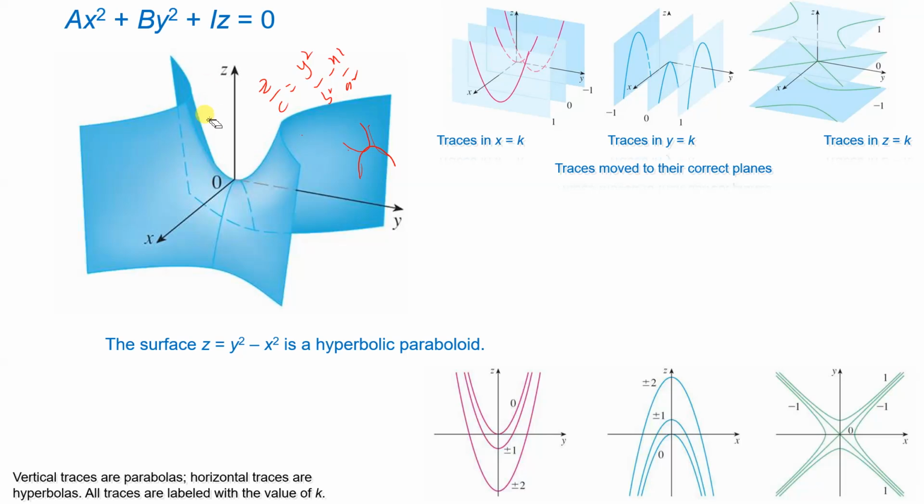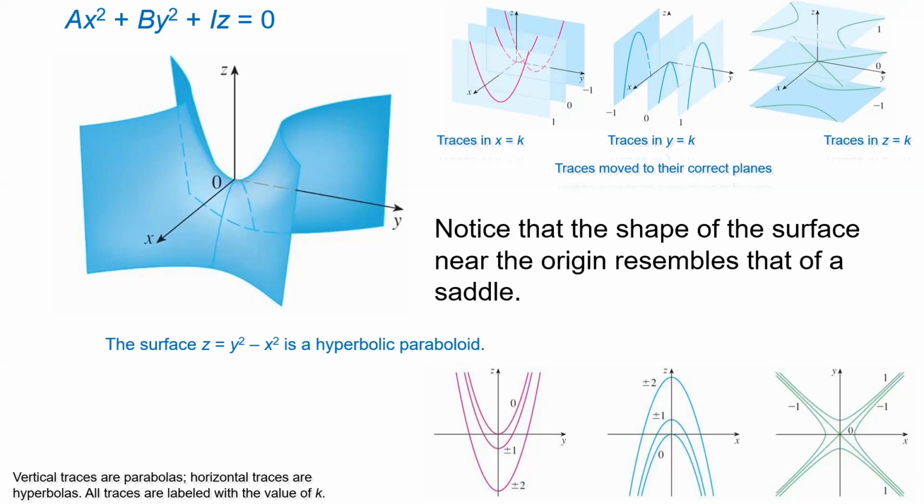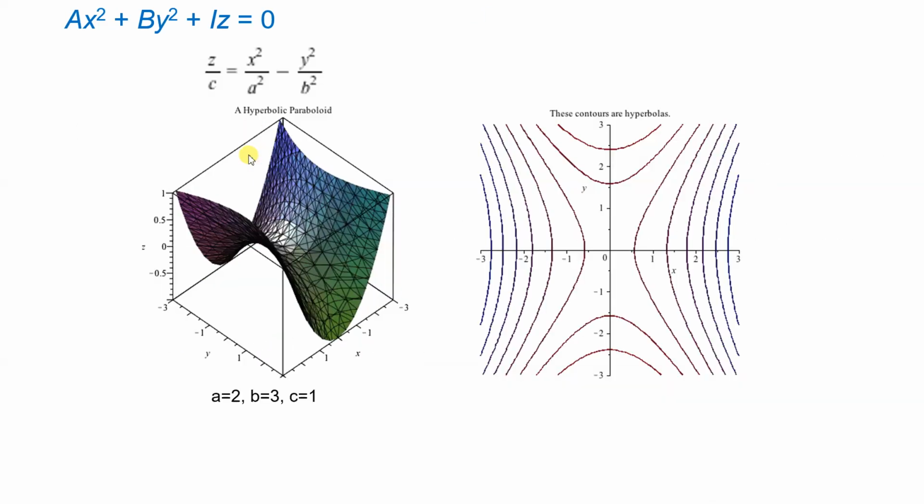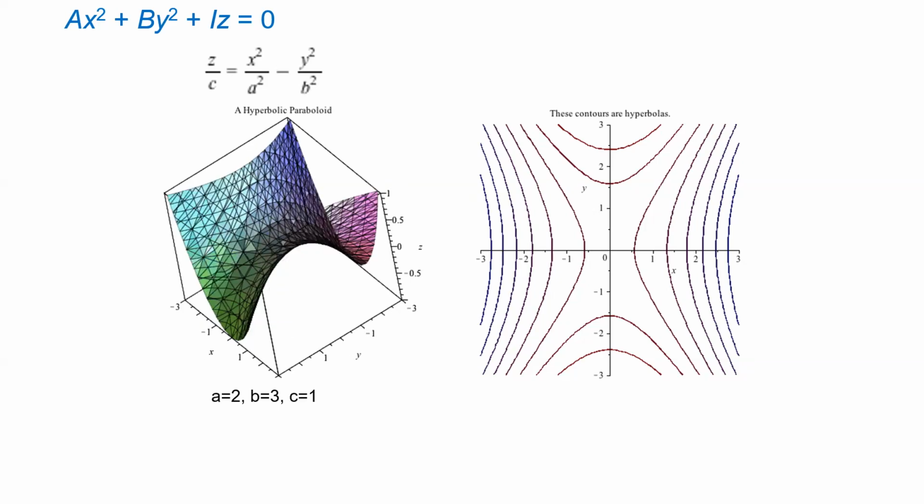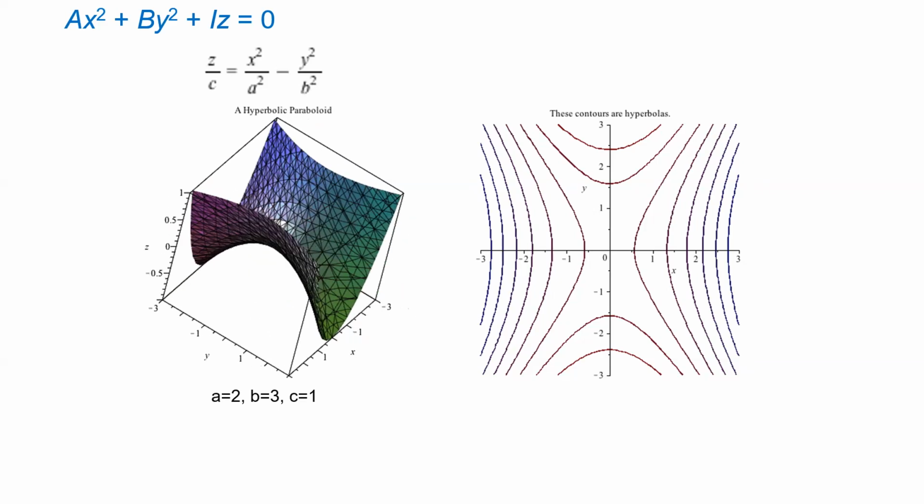So in the previous example, the shape was called elliptic paraboloid because it had elliptic horizontal traces, but in this case we have hyperbolic horizontal traces and vertical traces are parabolas. So this is hyperbolic paraboloid. And it looks like a saddle at this point, right? So this is how you can visualize it. So this is another view of this type of surface.